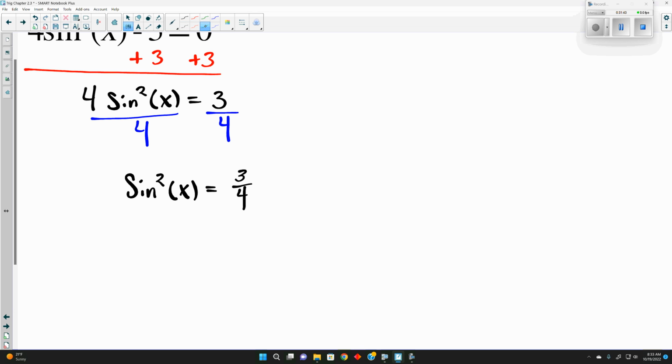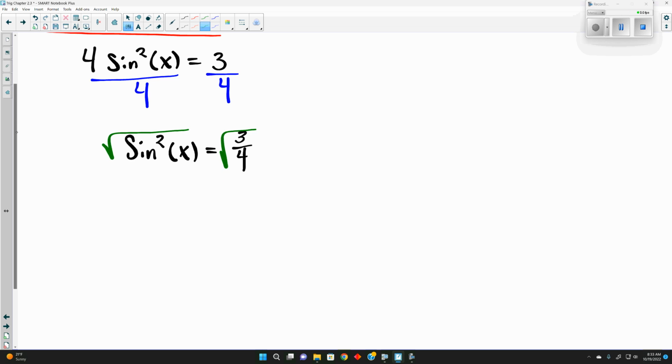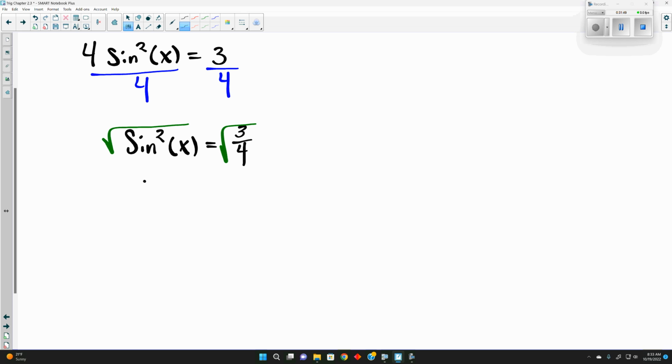Our last step is to what? Square root both sides. Square root of sine squared is just going to be sine of x, equals plus or minus, because we square root both sides, we do need the plus or minus. And if we look at the square root of 3/4, we can break it up into 2 parts.